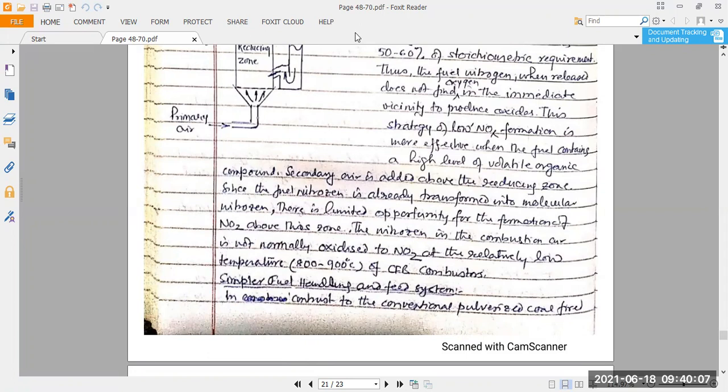In contrast to conventional pulverized coal fired boilers, CFB boilers receive solid fuels in fairly coarse sizes.